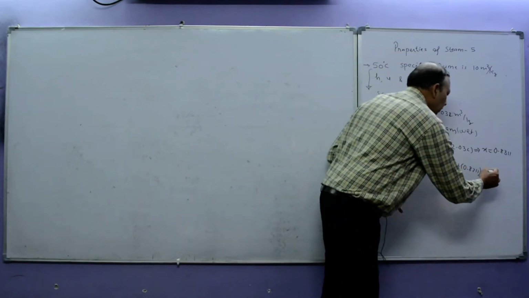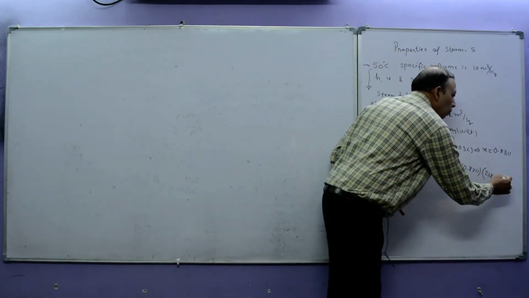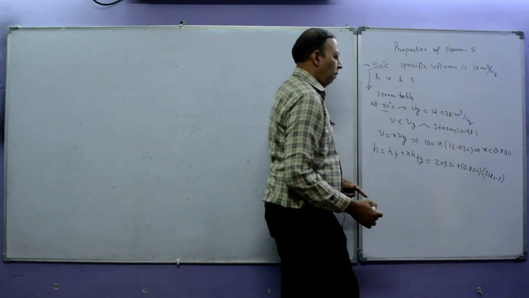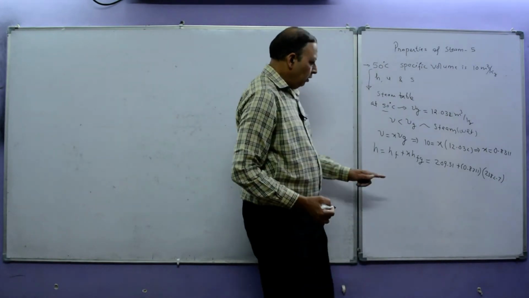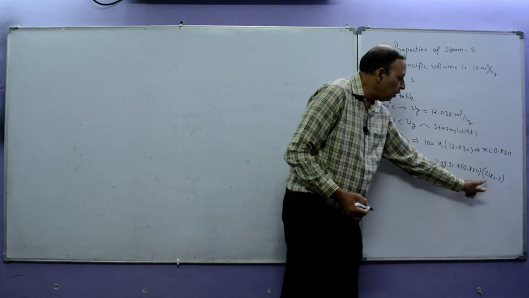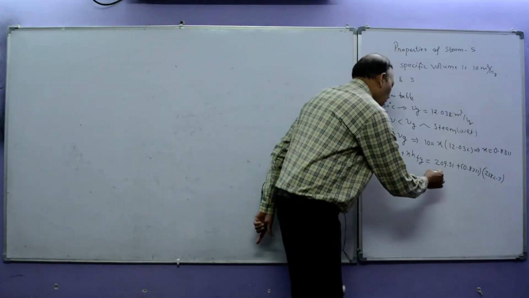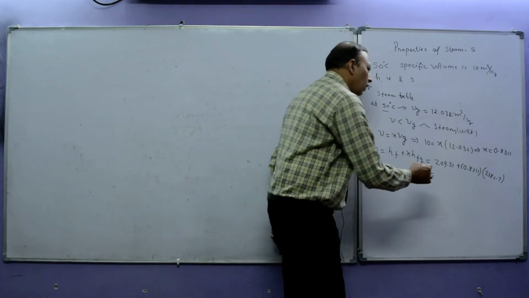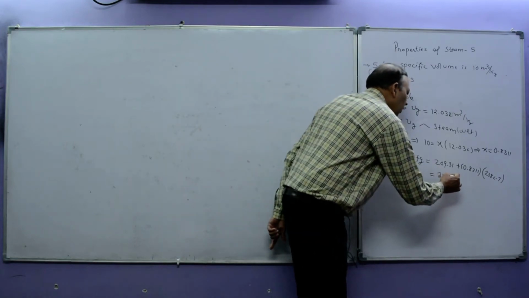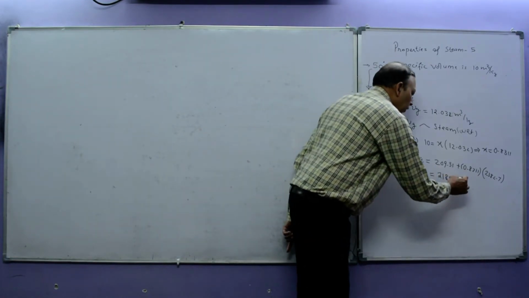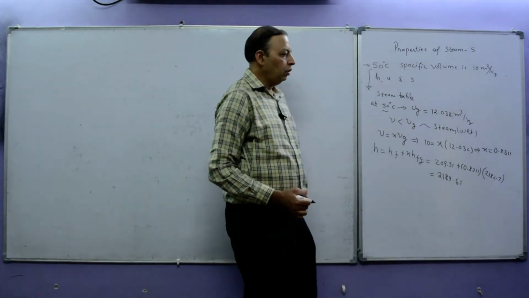The value of HFG is 2382.7. These two values you can get from steam table. So after calculation you will get the value of H as 2189.61 kilojoule per kg.